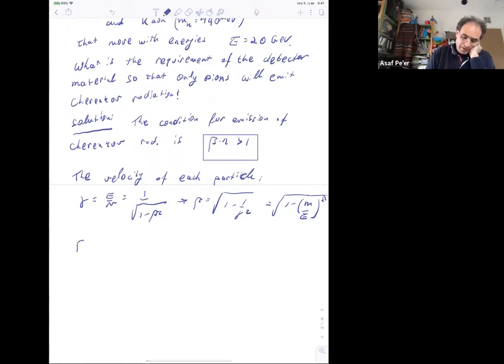So we end up that beta of the pion is roughly 0.99997, and beta of the kaon is 0.397.